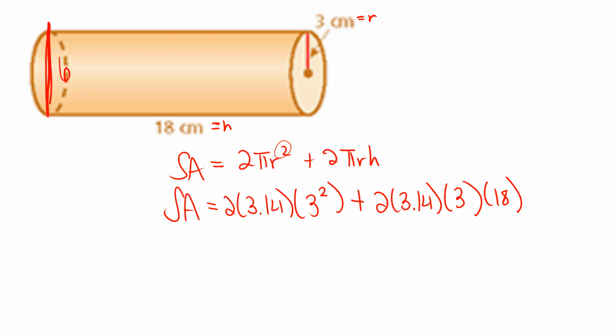Okay, go ahead and do each one of these individually on your own.